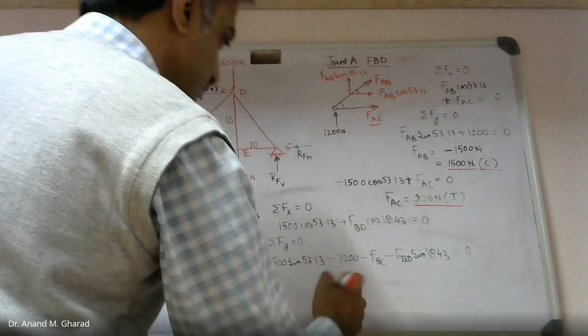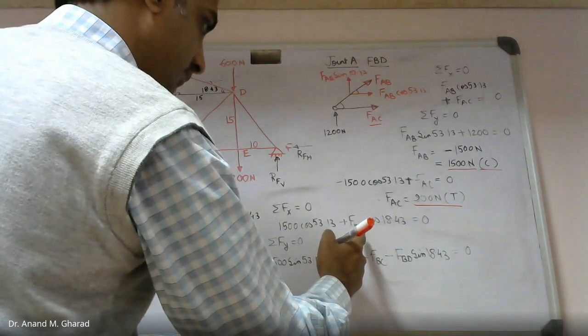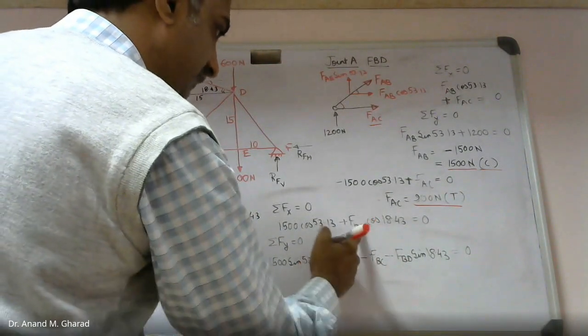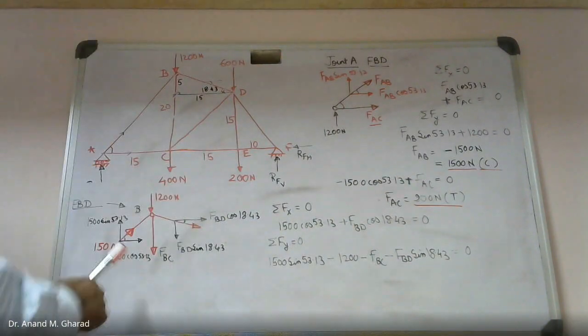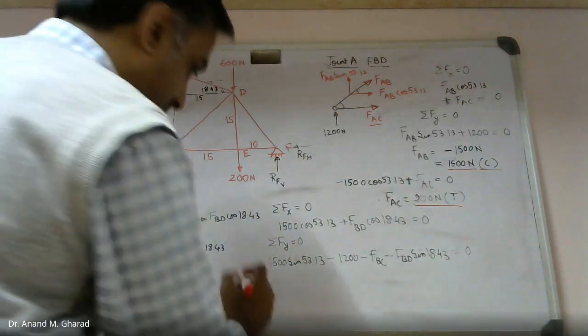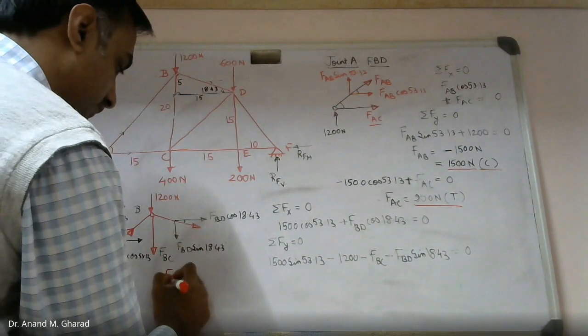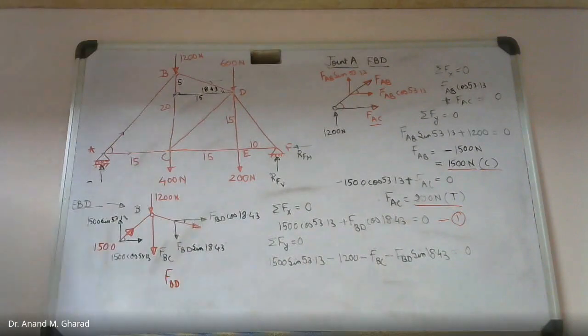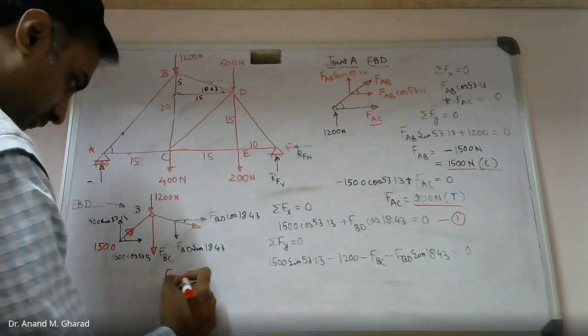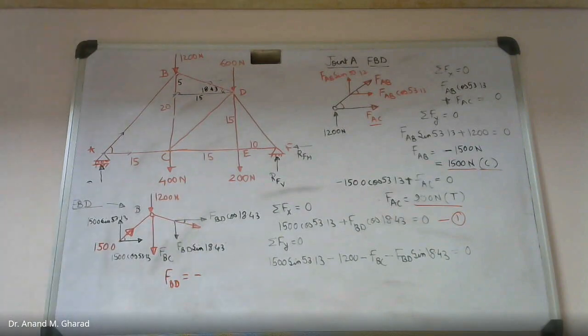From here, what you can say, you can find out first of all FBD. FBD कितना था फट से बताओ. FBD, don't know the direction. Let me know the value for FBD from this equation. This will be minus value.